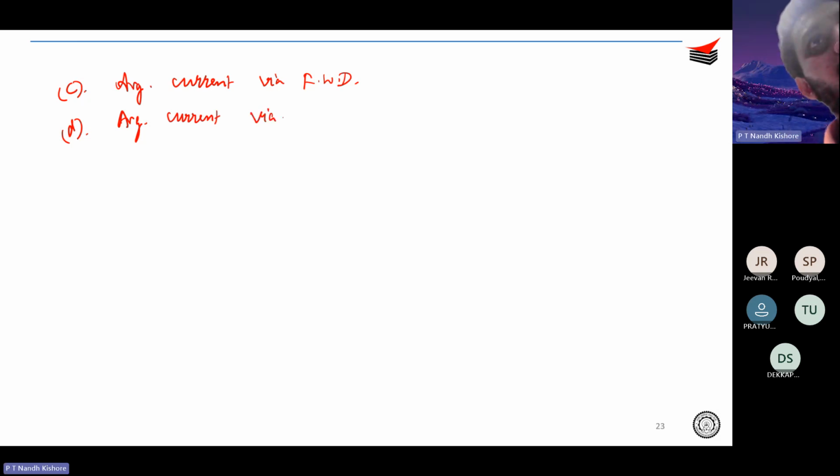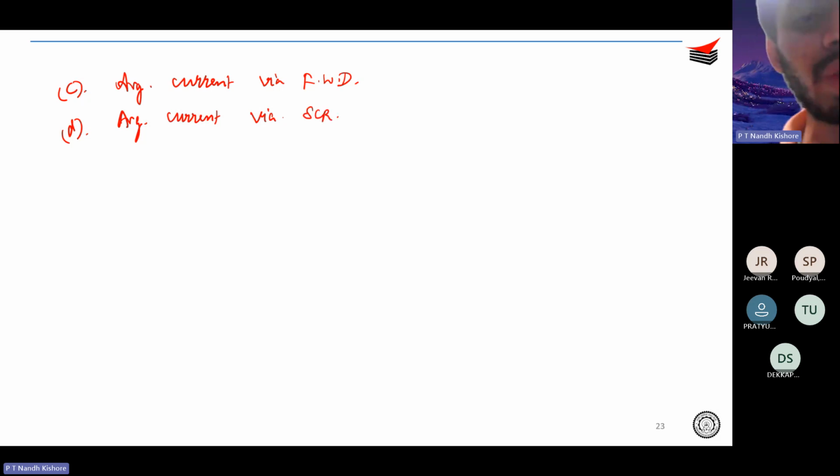The next question is to find the average current through the freewheeling diode. You can also find the average current via the SCR or the thyristor.